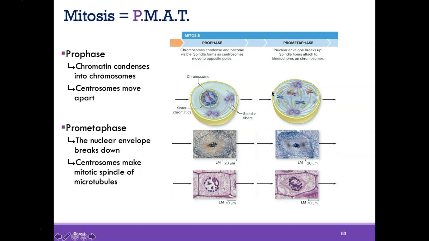In prometaphase, which occurs immediately after the centrosomes start moving apart, the centrosome will start making the mitotic spindle made from microtubules, and the nuclear envelope breaks down. So far, in prophase, we have DNA condensing into chromosomes, the centrosomes moving apart, the nuclear membrane breaking down, and the spindle fiber starting to form. That's prophase and prometaphase.